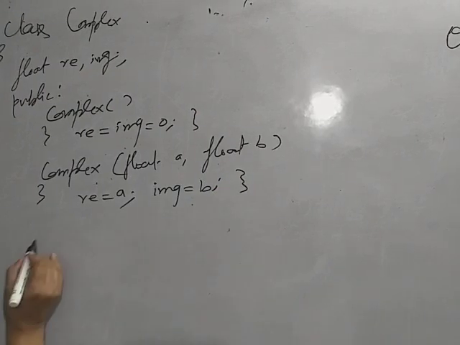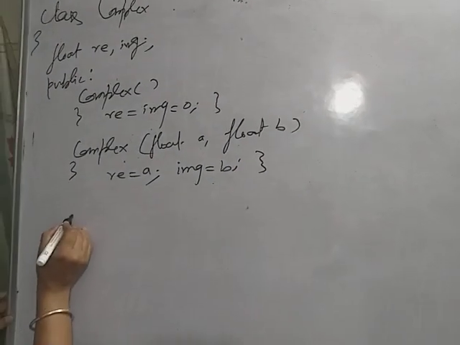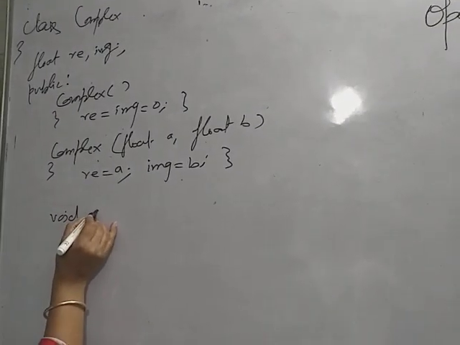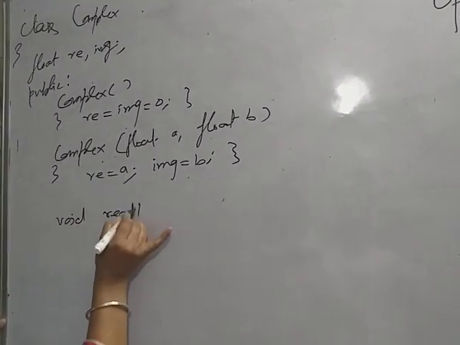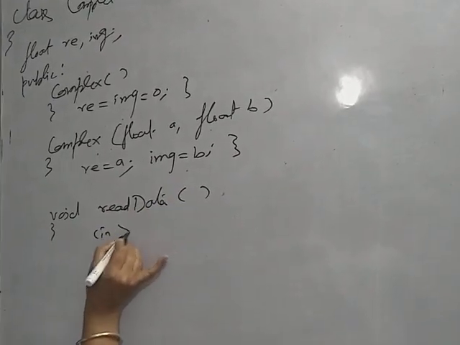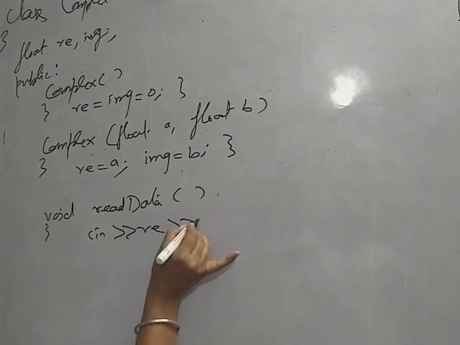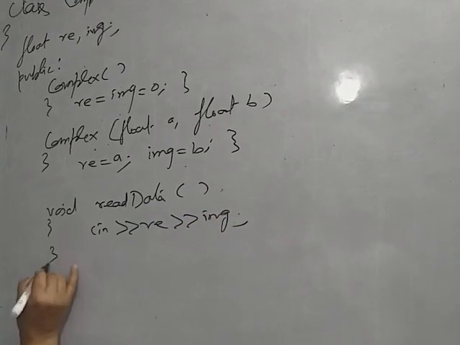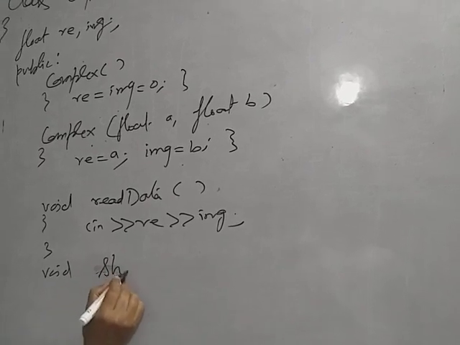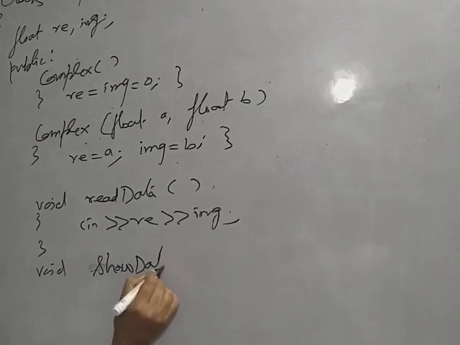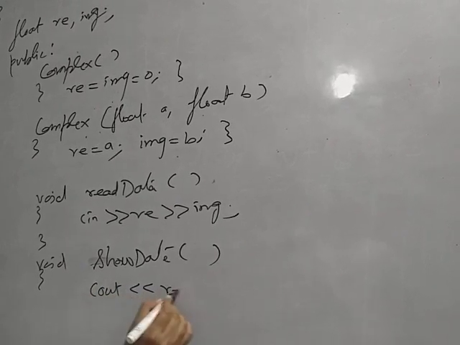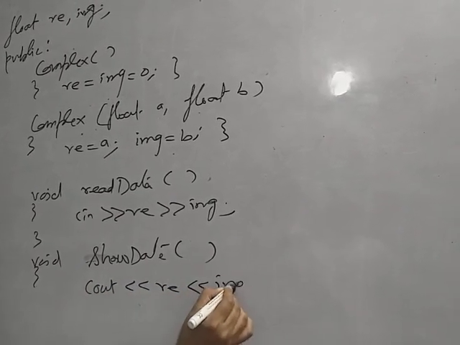Then you can write two functions: read data, to read data from the user, cin real, imaginary, and void show data to display the values of the data members, cout real and imaginary.